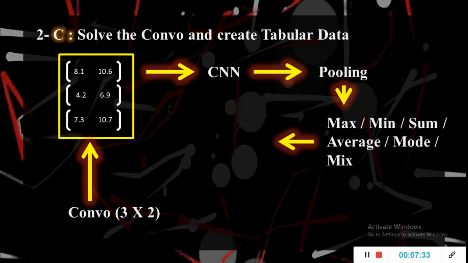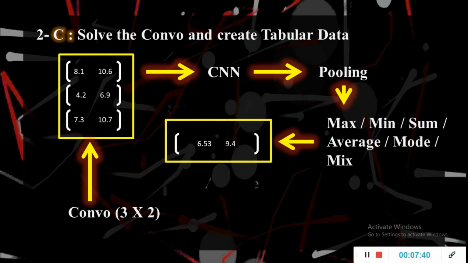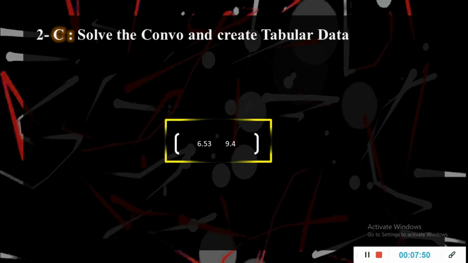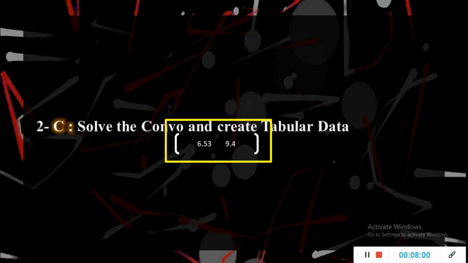After performing pooling, this convolution is converted into this form. Suppose in this example we take the average, it is converted into this form: 6.53 and 9.4. So what do we have now? We have 6.53 and 9.4 for a particular graph, and this information represents the whole network.